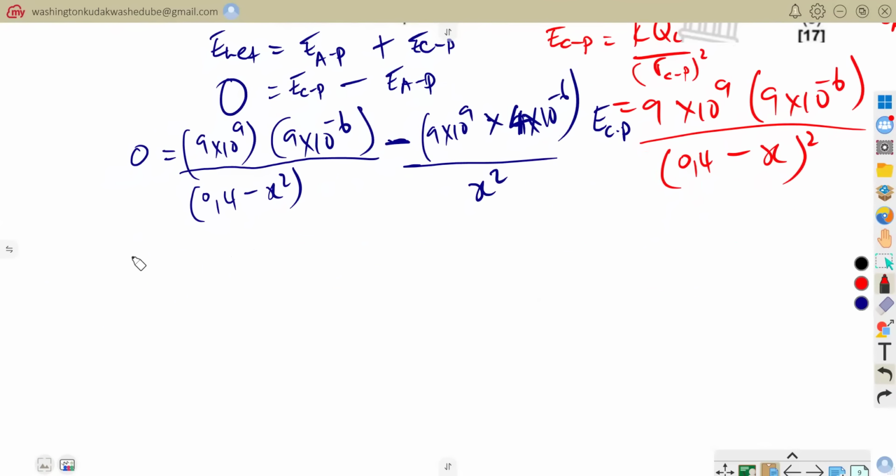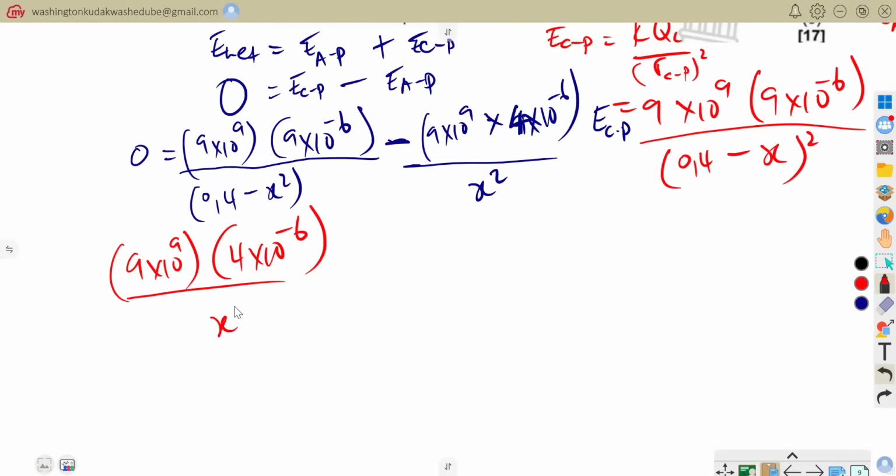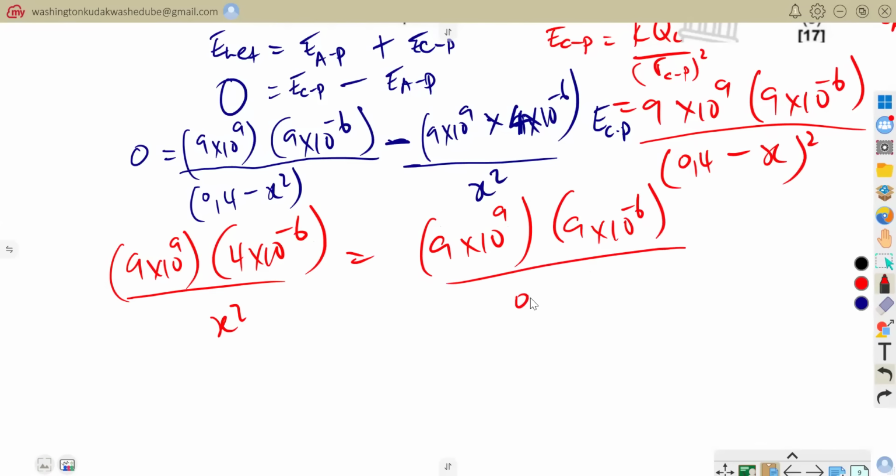We would end up having, I will transpose this, 9 times 10 to the power 9 bracket 4 times 10 power minus 6 all over x squared, which would be equal to 9 times 10 to the power 9, 9 times 10 to the power minus 6 all over 0.4 minus x squared.